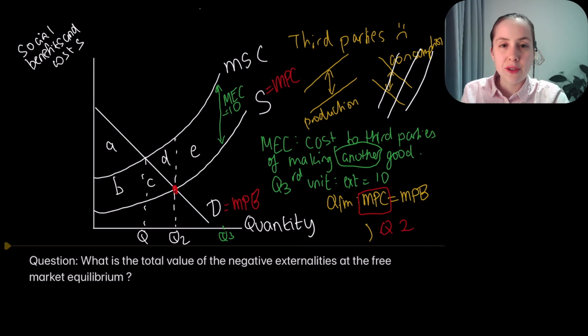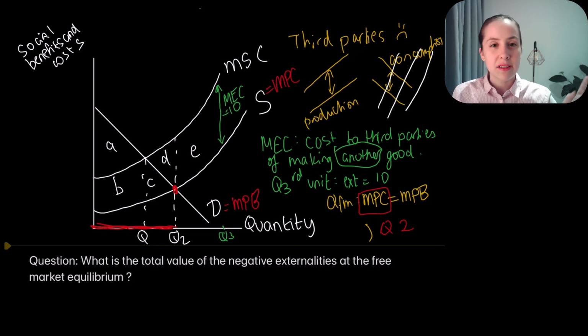To work out the total externality at Q2, we need to work out how much of an externality all of the units produced up until Q2 have made. So if Q2 is 100, we need to know how much externality the first unit made, the second one, the third one, all the way up to 100, and add up all the externalities.